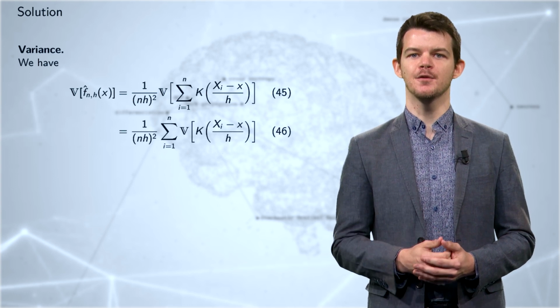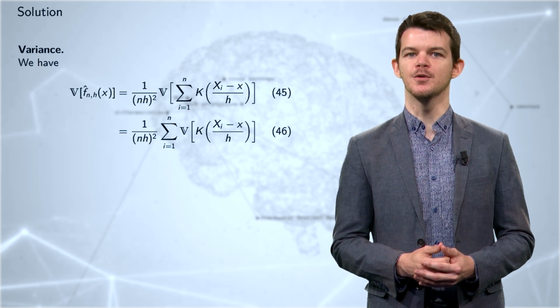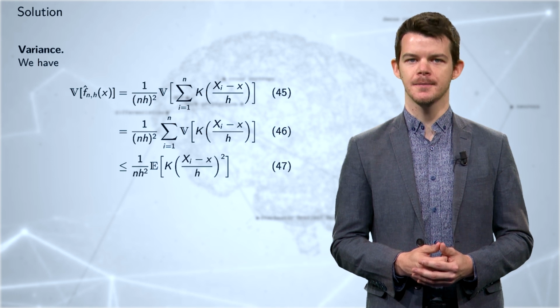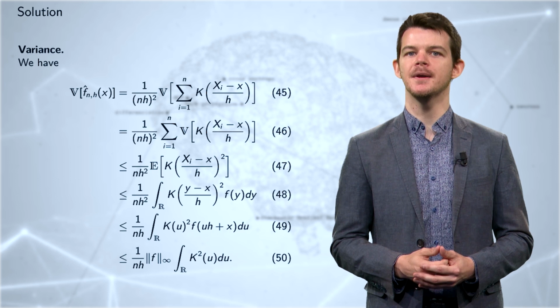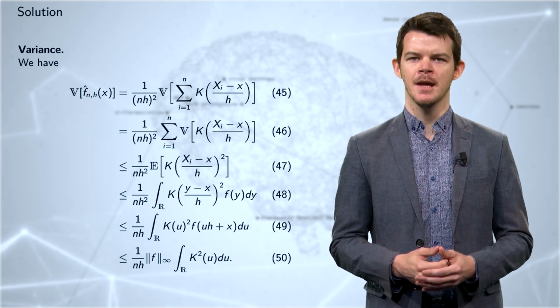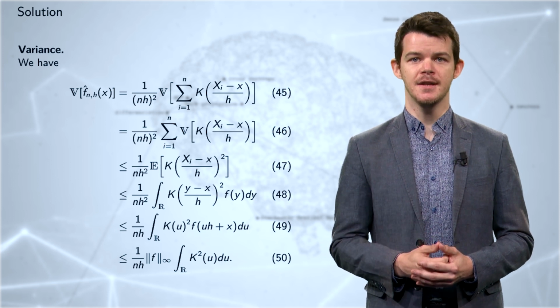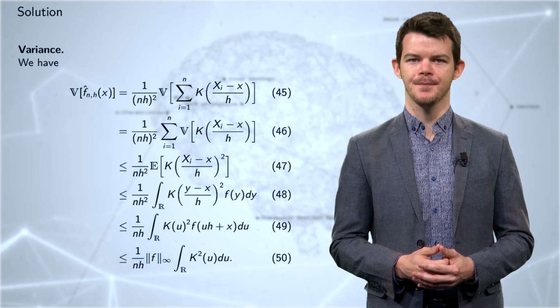Using the independence of the X i and the fact that the variance is upper bounded by the expectation of the square variable, we obtain inequality 47. Then we can use the density of x to transform the expectation into an integral. Doing a change of variables and bounding above the density in infinite norm leads to inequality 50.